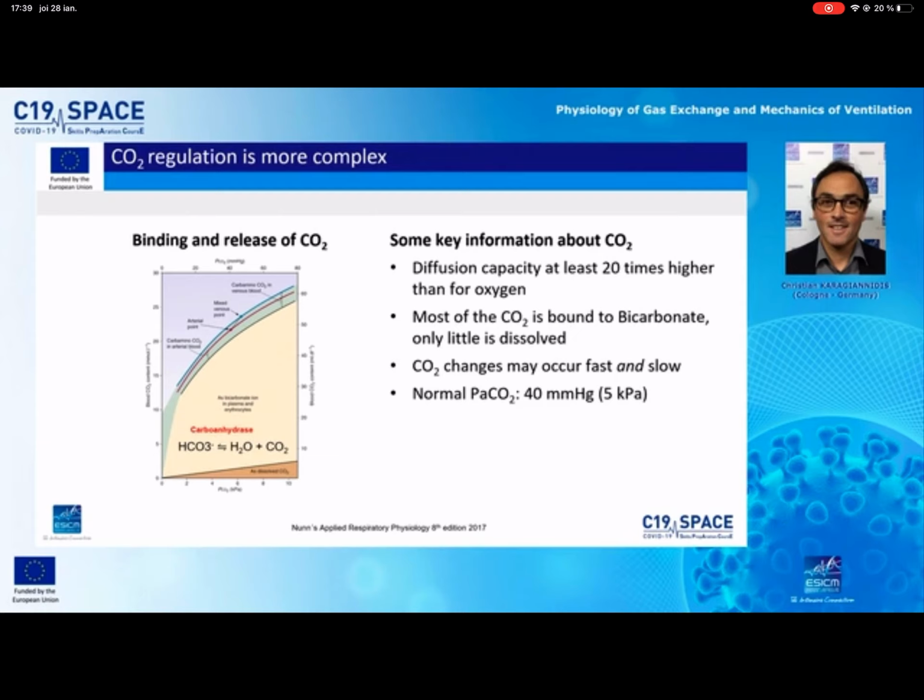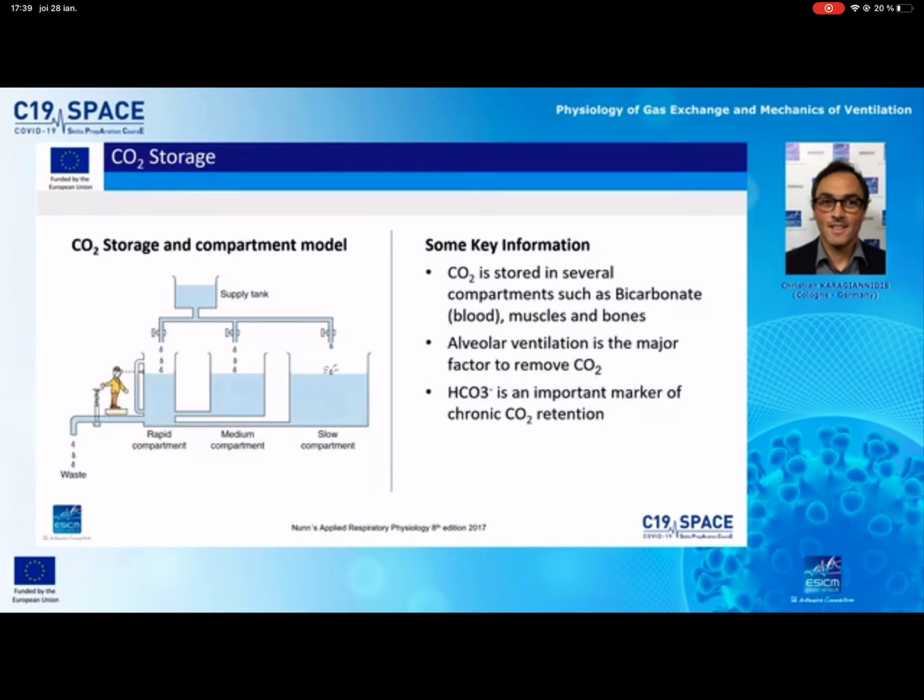In turn, that means that CO2 changes may occur very fast, but they also occur very slowly. And this is the major difference to oxygen. The normal CO2 values in the arterial blood range around 40 millimeters of mercury, which is about 5 kilopascal. And in contrast to oxygen, we have CO2 storage in the body.